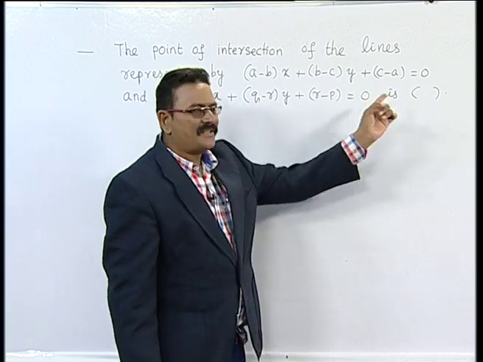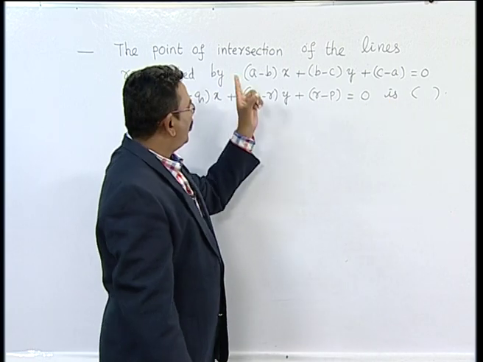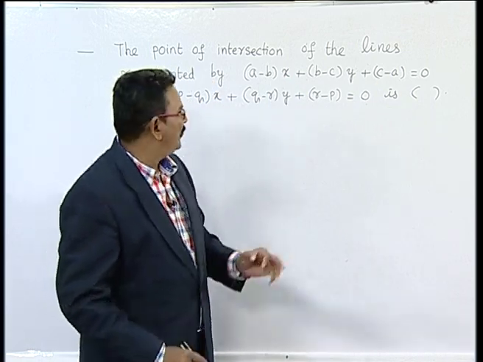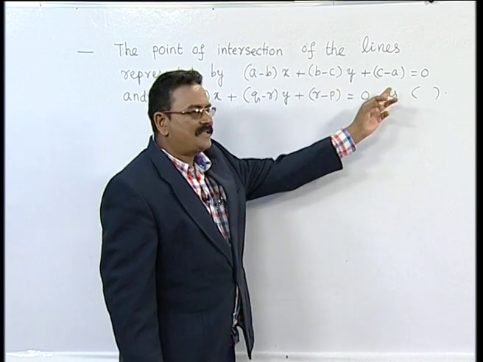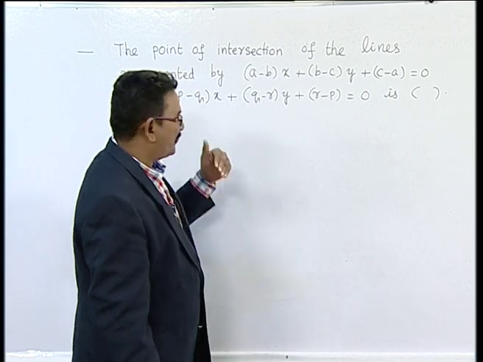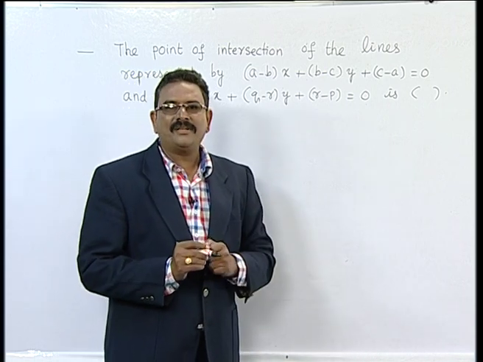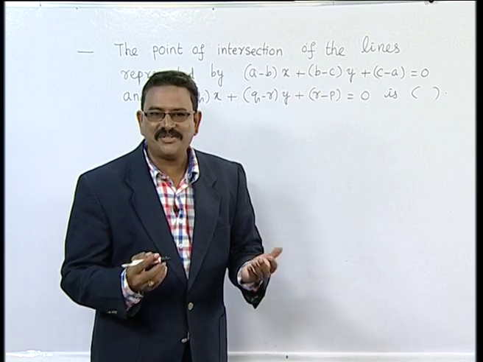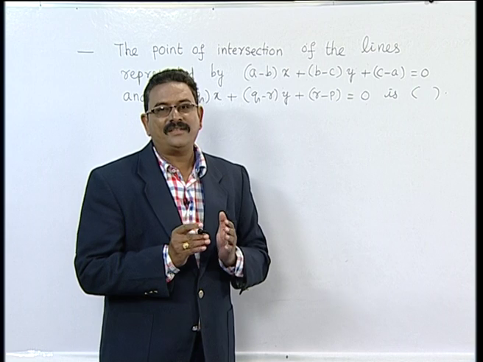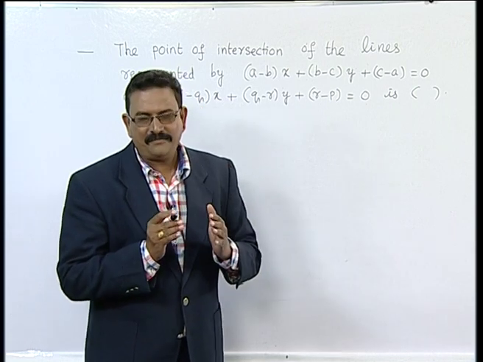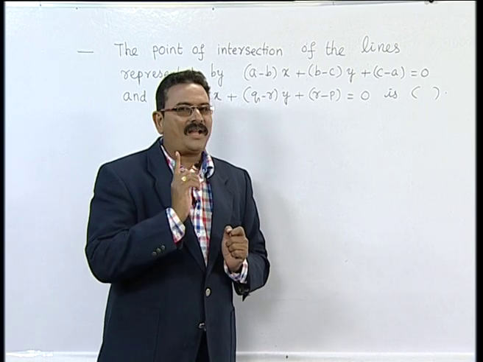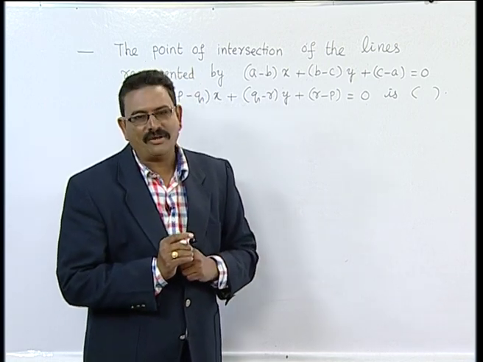Just observe, in the first equation, what is the sum of the coefficients? That means a minus b plus b minus c plus c minus a, we get 0. In the second equation, what is the sum of the coefficients? That is also 0. So, that means if the sum of the coefficients of the given equation is 0, then always that line passes through the point (1, 1).